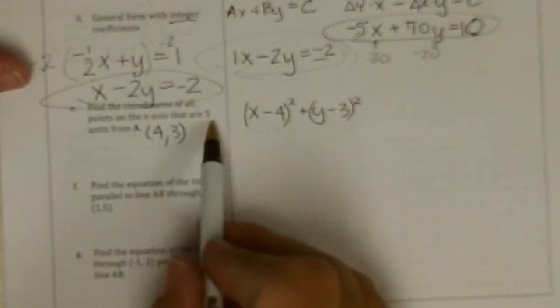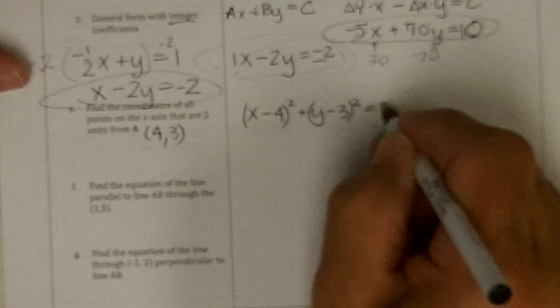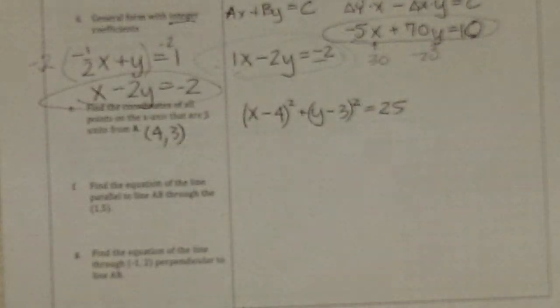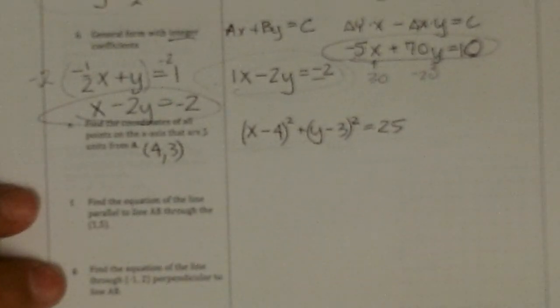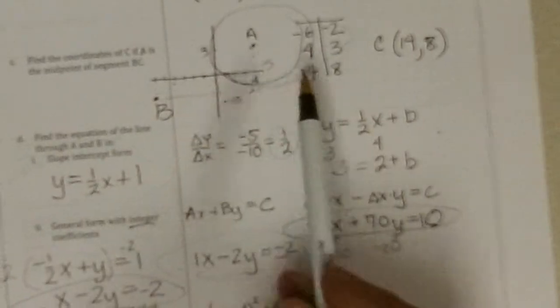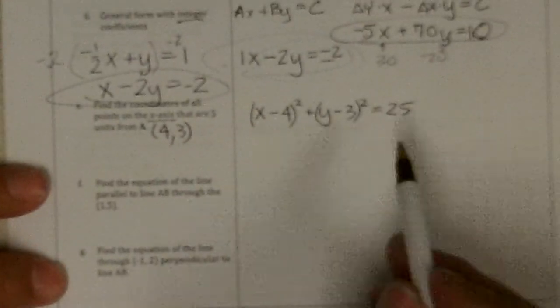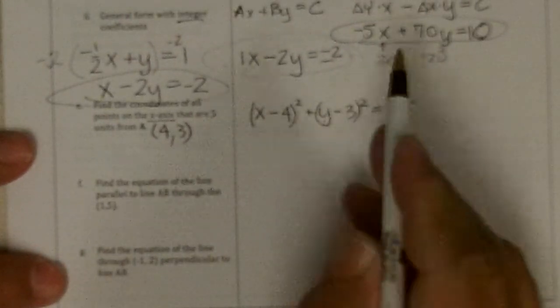And if we're going to have a circle, 5 is the radius, which is equal to 25. There's the circle around 4, 3. And if we're going to be on the x-axis, did I say on the x-axis? Yes. On the x-axis, then we're going to find the x-intercepts by letting y be 0.